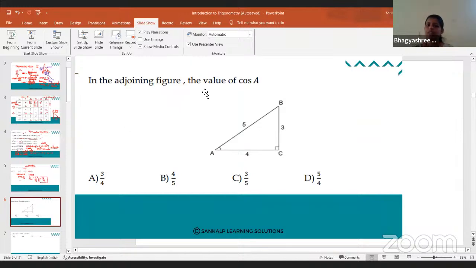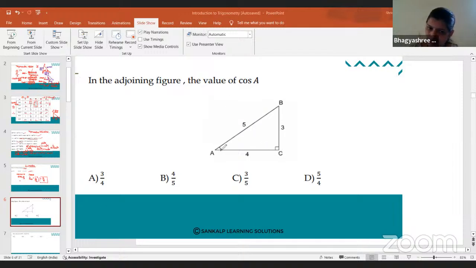Yes. In the adjoining figure, the value of cosec A. See, one figure they have given and the values they have given. What they asked is the value of cos A. For that, what are we going to do?